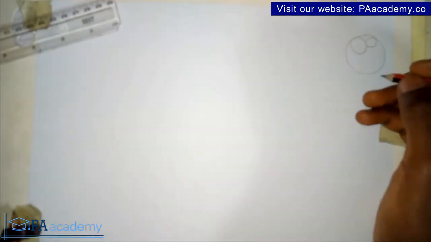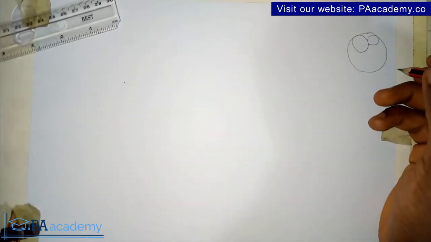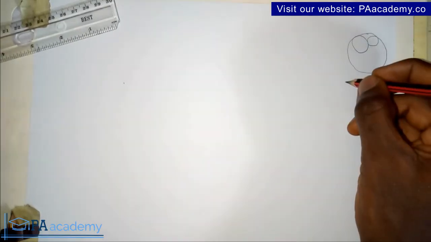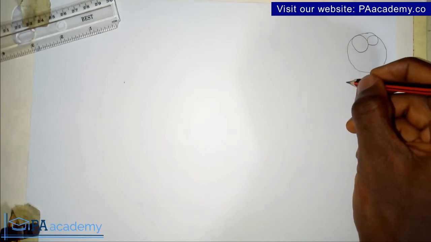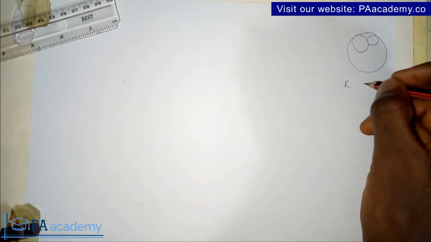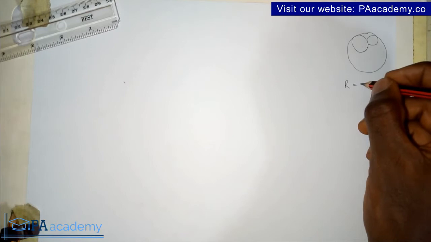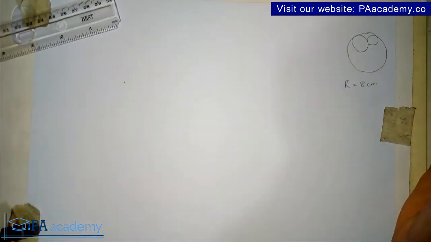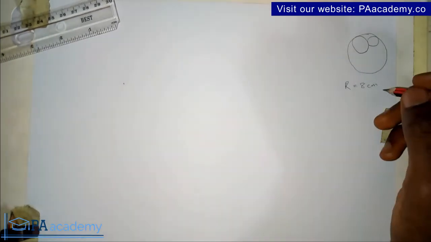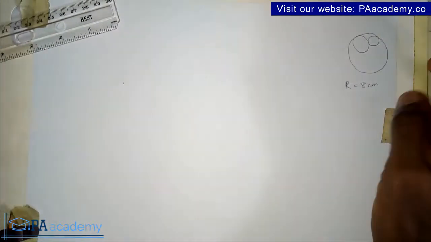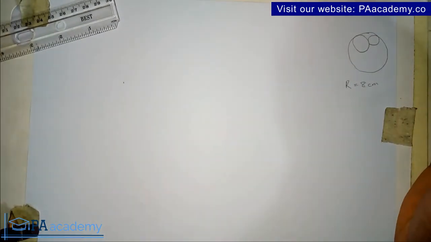For the circles that we are going to use to illustrate this example, let's call the bigger circle's radius R. We are going to use a radius of 8 centimeters. Your units might be different. You can also use mine, but if you are given an assignment with a radius to use, you can use yours. The steps are the same.